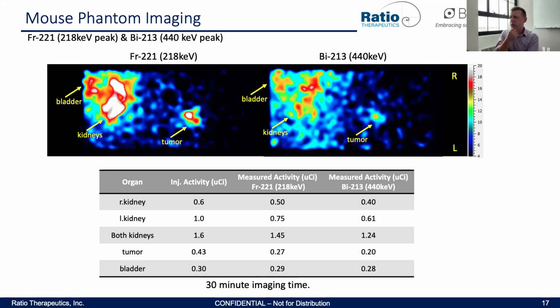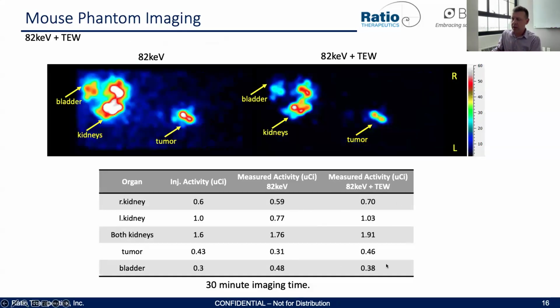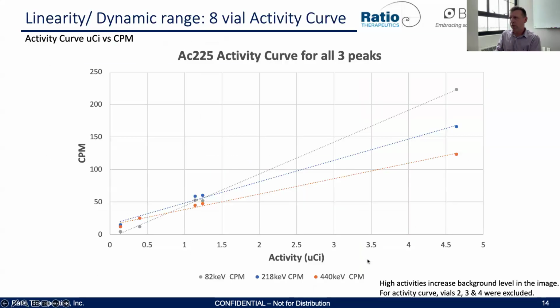Another observation, just teeing up what we might see later on: we see a strong correlation between the known activities in each of these compartments and the estimated activity, but we're underestimating the activity in both cases, and underestimating a little more in the 440 keV compared to the 218 keV, which was then underestimated compared to the 82 keV, which was also reflected in the linear responses that we see here in the resulting calibration factors.